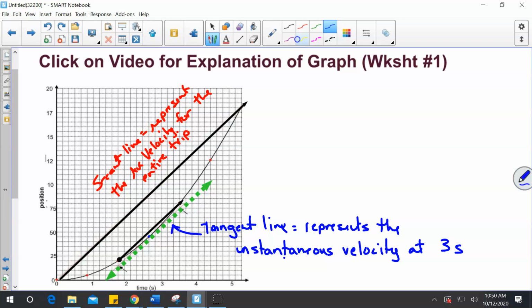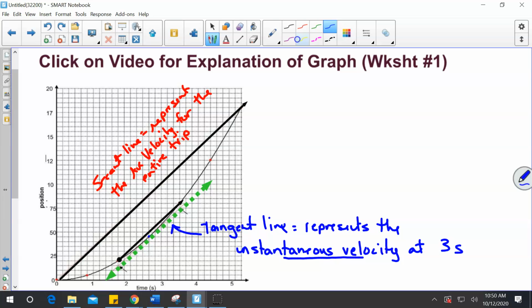Okay, so this is the instantaneous velocity. So in other words, the average velocity would be the secant line between 2 points. The tangent line running through 1 point on that graph would tell you what the instantaneous velocity is.